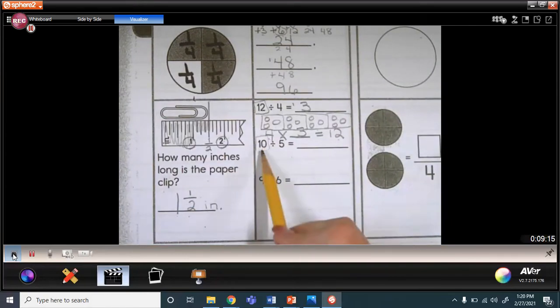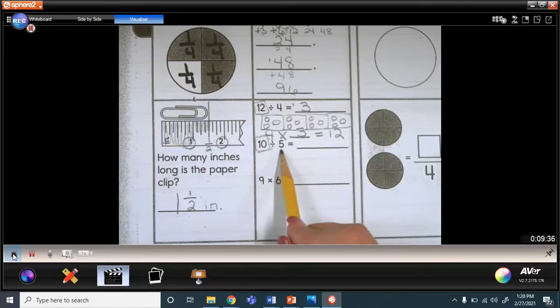So I have 10 paper clips. I'm going to put together, oh, that doesn't make sense. Oops, I need to think about this a little more carefully. Let's take 10 pieces of paper and put them into groups using paper clips. I think that makes much better sense.